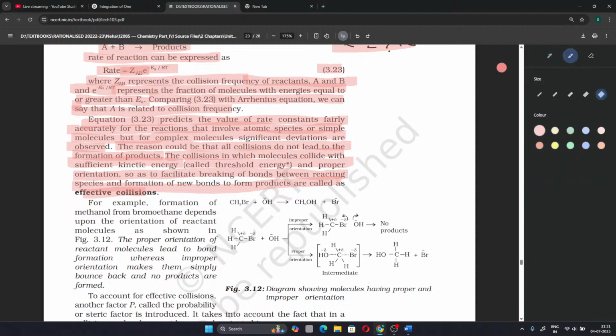And when all the orientation is right and the threshold energy is reached, then new bonds are formed and the product is formed. That collision is what we call an effective collision.